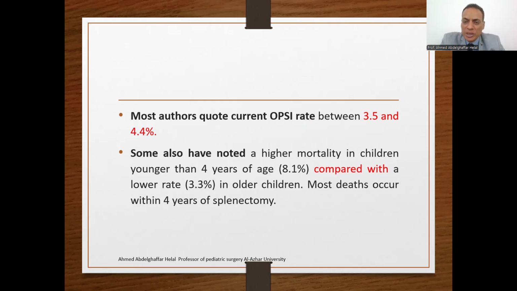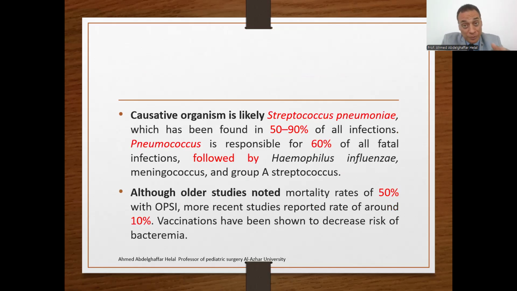Some noted higher mortality in children younger than 4 years of age compared with older children. So the age at removing the spleen is very important. The causative organism is most likely Streptococcus pneumoniae, which has been found in more than 50% of all infections.